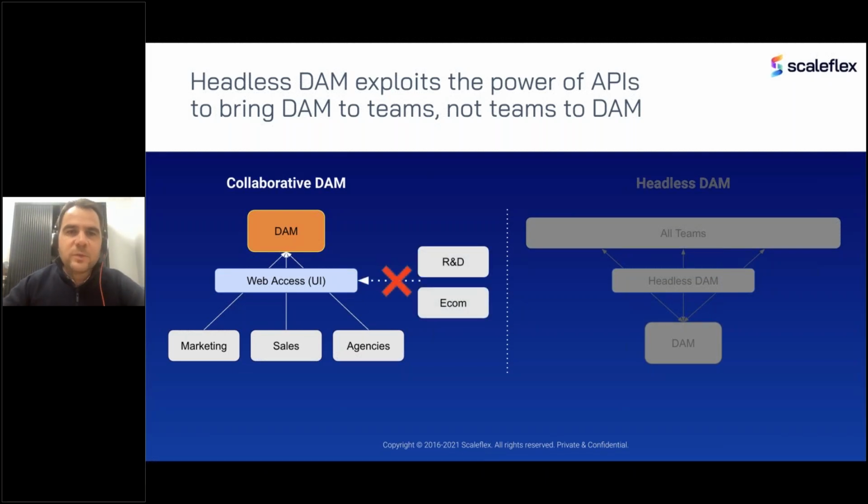Everybody in these teams is a creator, and they need to access the DAM usually over a UI. However, what we usually see is that R&D, so developers typically, or product people, or e-commerce people, would also like to use the same assets to build the e-commerce, the landing pages, the products that a company is doing. However, they're usually not that interested in accessing the DAM over a UI. Why?